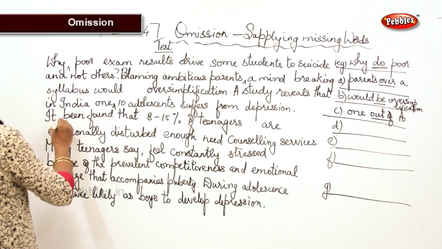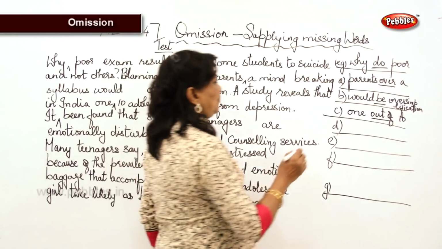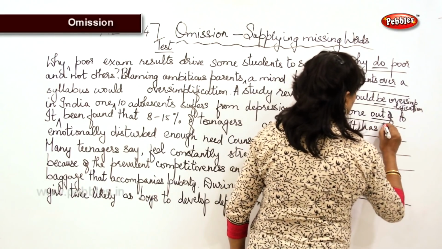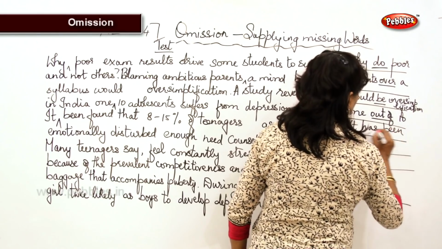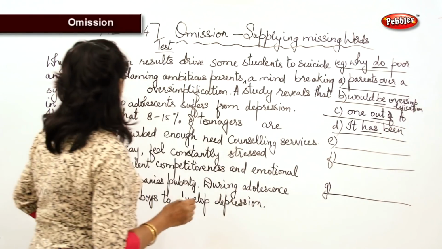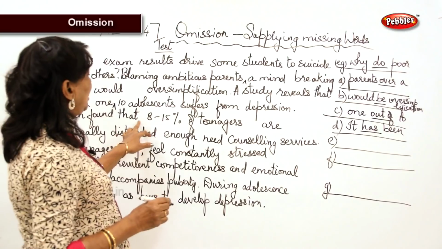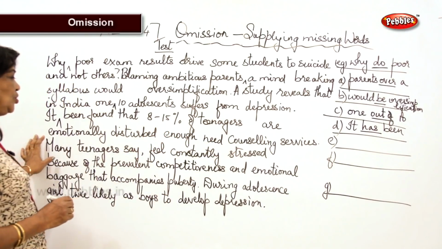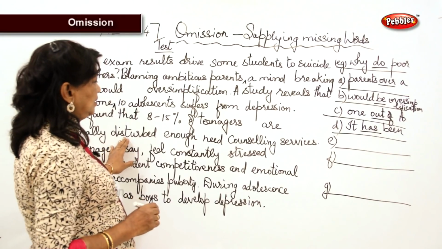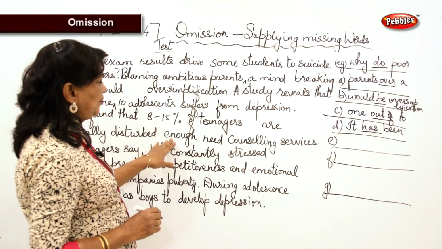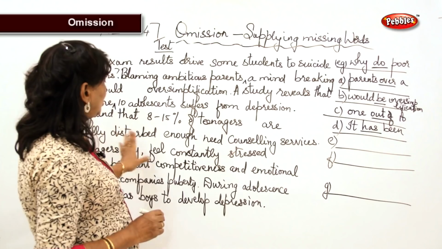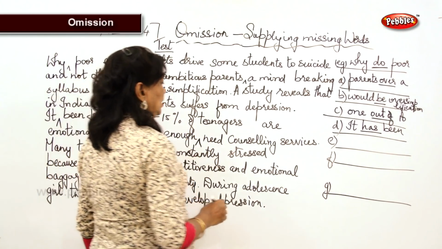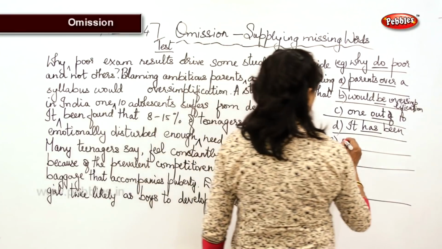It has been found that 8 to 15% of teenagers are emotionally disturbed enough to need counseling services.